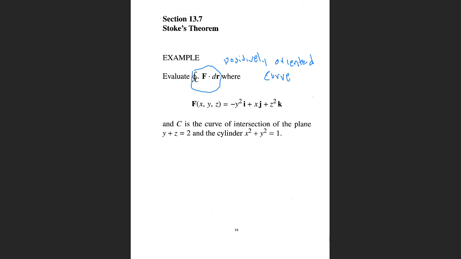So we have this vector field, and the vector field is acting on a particle moving along this closed curve C. The closed curve C is the curve of intersection of this plane and this cylinder.